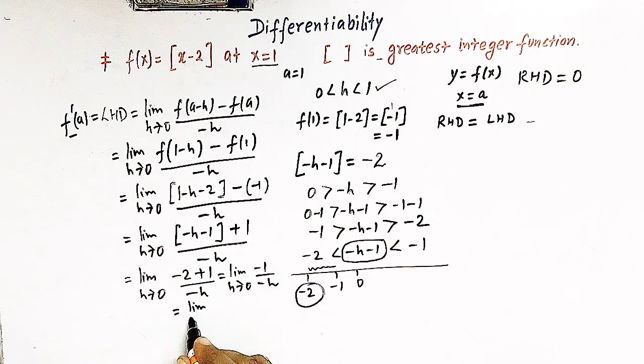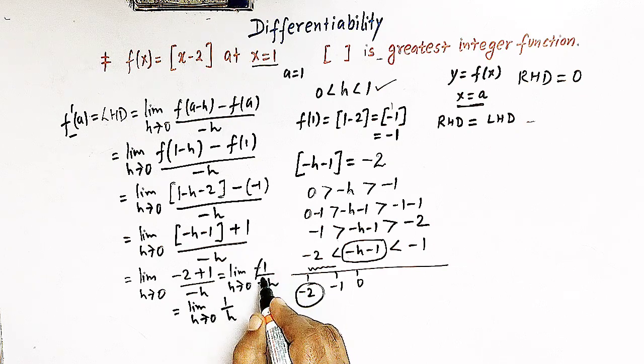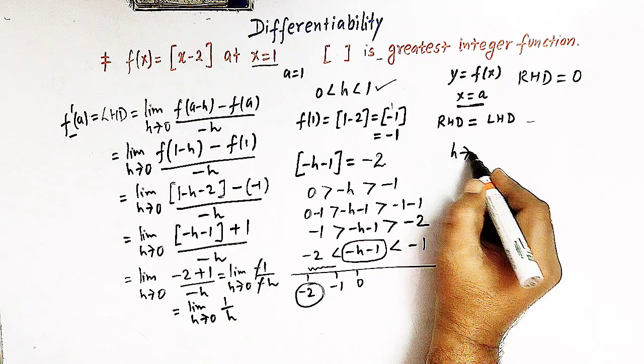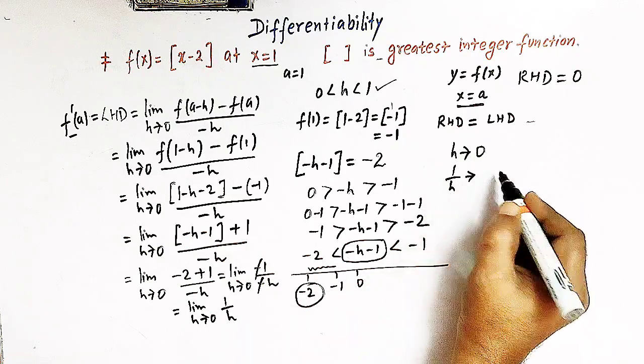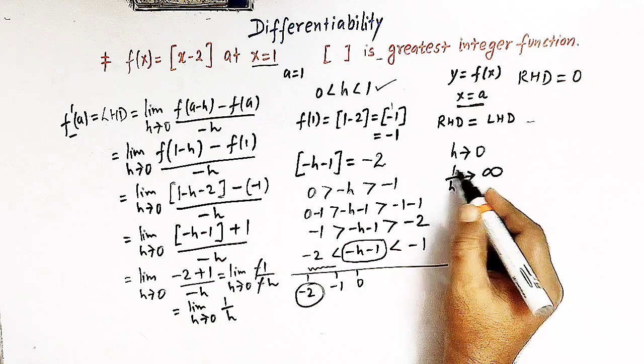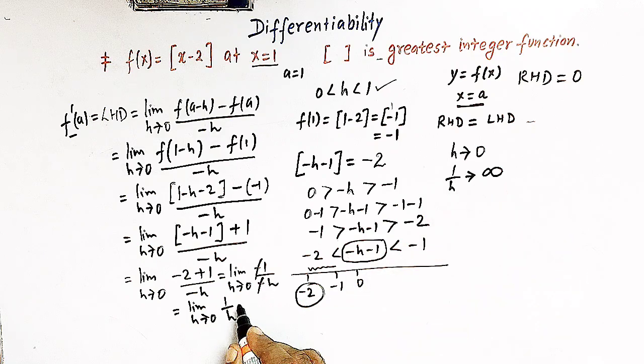So we have limit h tends to 0, 1 over h, right? So when h tends to 0, then 1 over h tends to infinity, or it is not defined, right? So we can see that this limit tends to infinity, that is not defined.